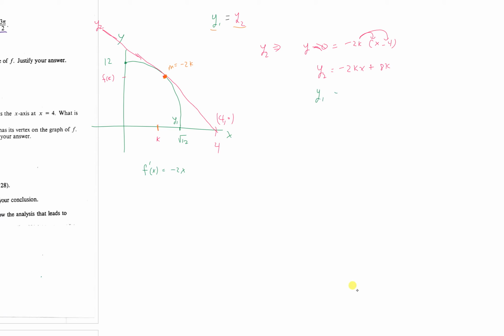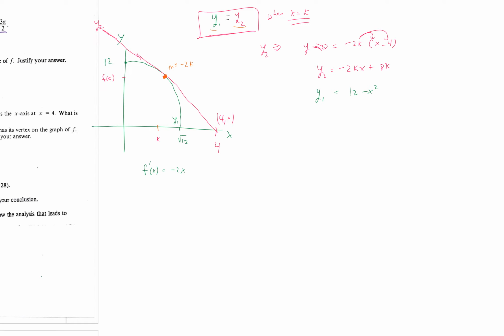We have y1 equals 12 minus x squared, and y2 equals negative 2kx plus 8k. And we know they're equal to each other. We know this is true when x equals k, and that's the key thing. We're going to set them equal to each other and plug in k, and then solve for k.